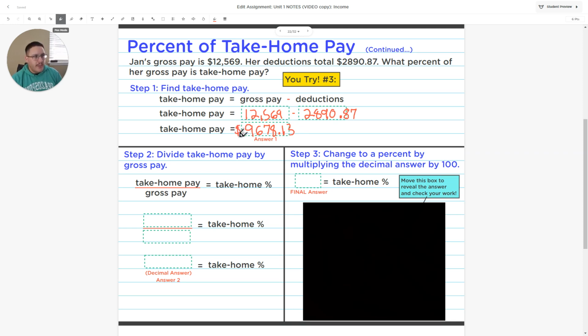Now that we have the take-home pay, we need to find what the percentage of take-home pay was from the gross pay. So we're going to take that value, 9678.13, and divide it by the gross pay, which was $12,569.